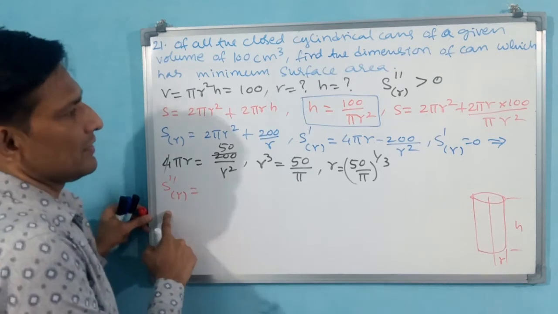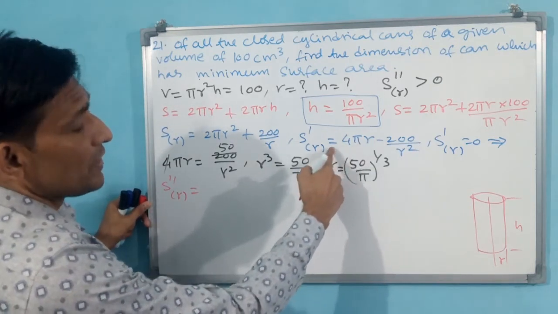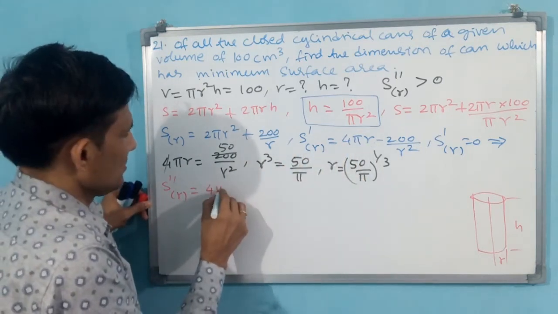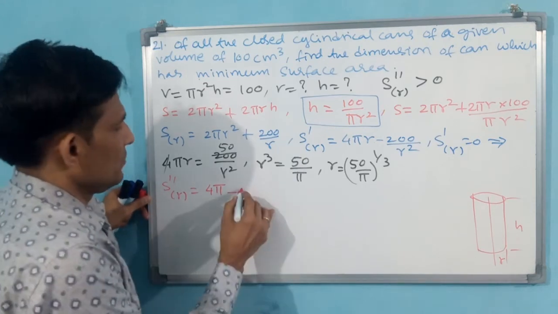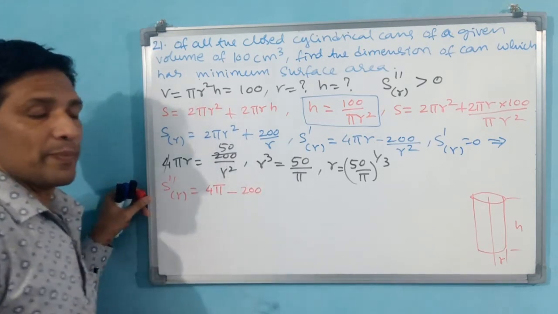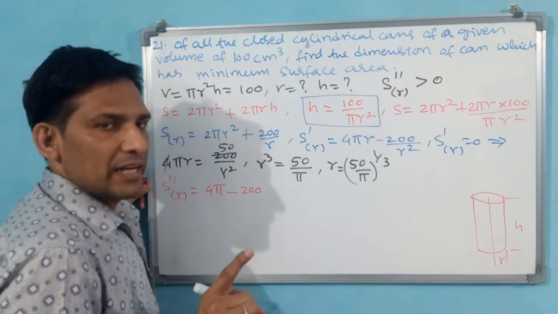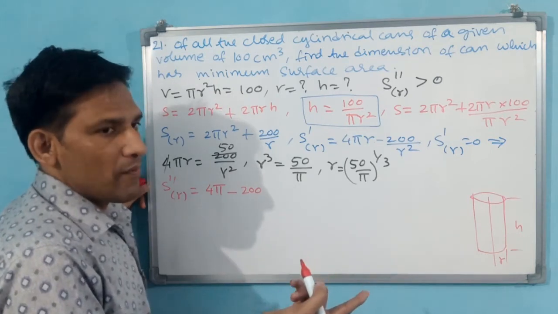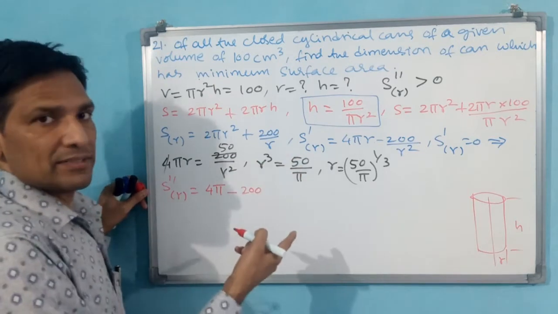S double dash r, you see S dash r final value is this one. Okay, see with r you are doing, r is there, 4 pi minus 200 r to the power of minus 2 is there. Like you think, minus 2 r cube, minus 2 r to the power of minus 3.